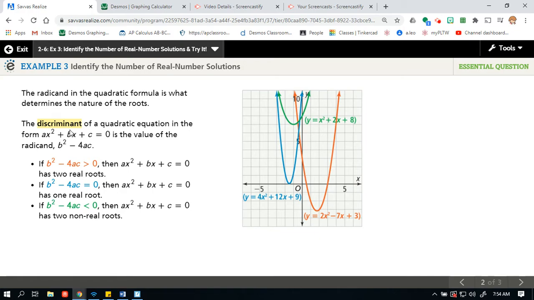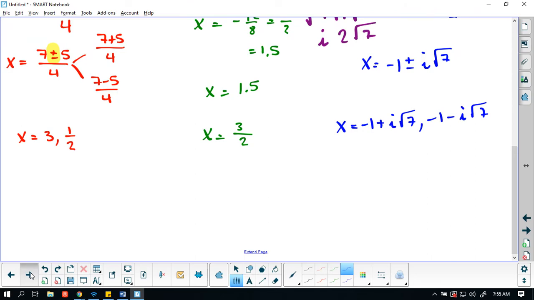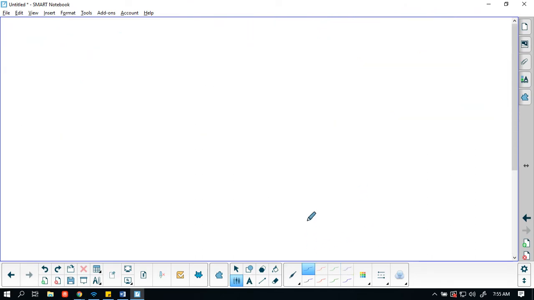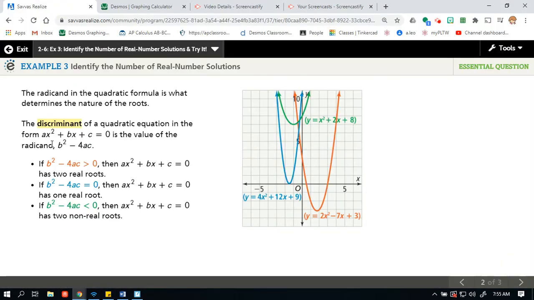All right, so now that you're back with me, the radicand in the quadratic formula is what determines the nature of the roots. So the radicand is this guy right here. This is going to determine how many roots we have, whether we have real roots, complex roots, or a single root. So let's keep reading what they have to say. The discriminant.